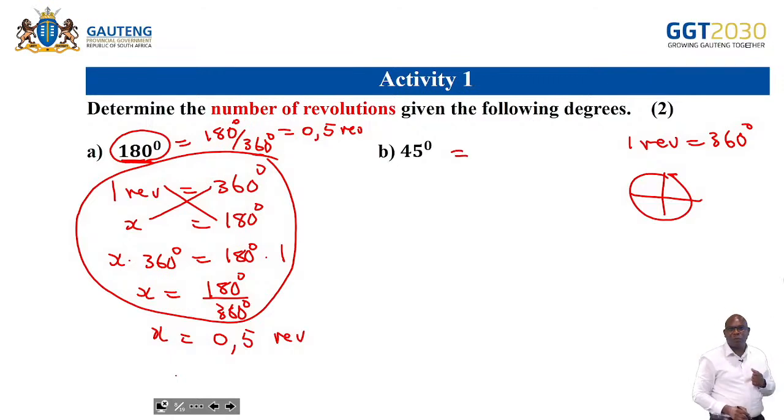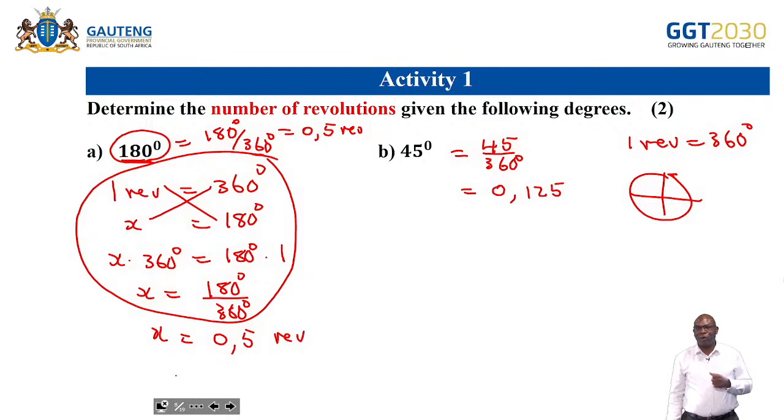I can do the same with 45. I'll say 45 divided by 360 degrees. I take 45 and divide it by 360 degrees, and my calculator will give me 0.125.